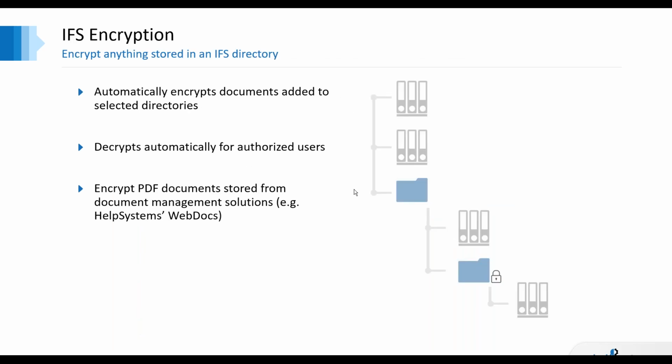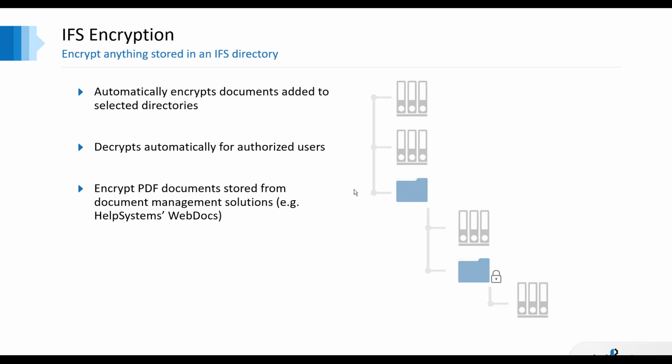All right, IFS encryption. Being able to encrypt anything that's stored in an IFS directory. So you can automatically encrypt all of the documents that are added into those selected directories. Regardless of what type of file is in there, it's encrypted. When an authorized user accesses that directory, it's automatically going to decrypt it and allow the user to see it.